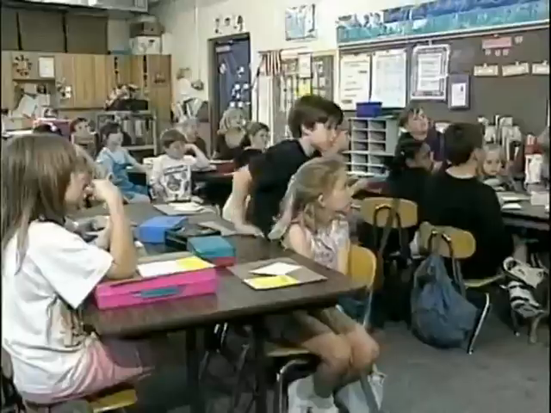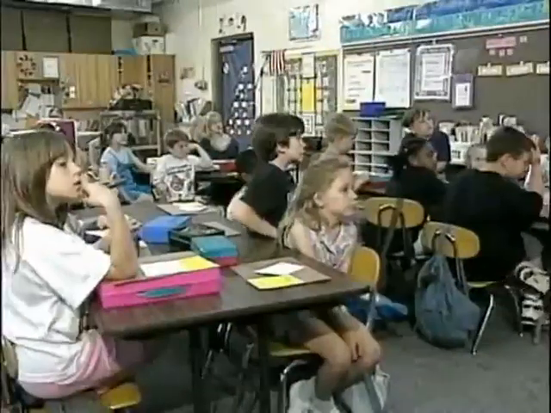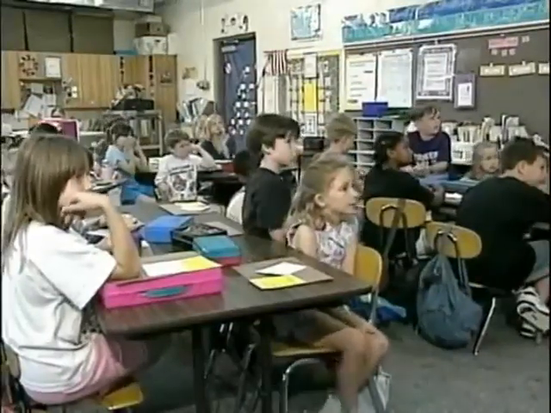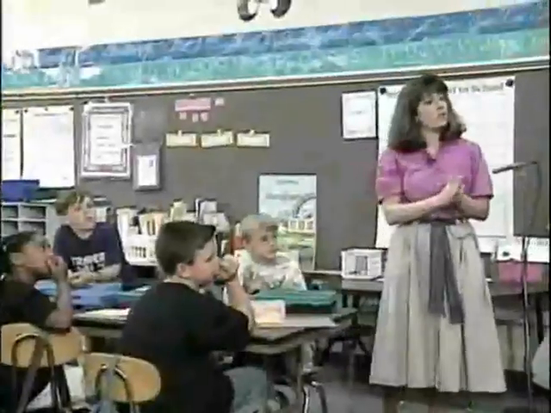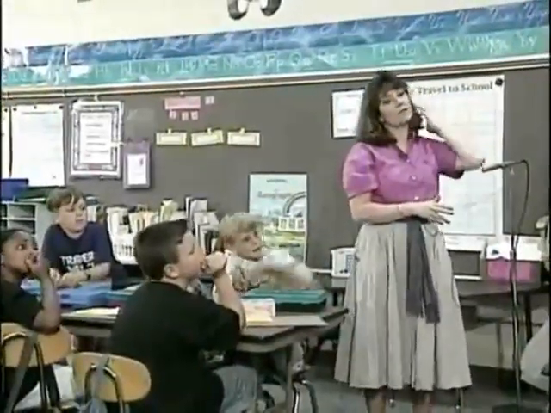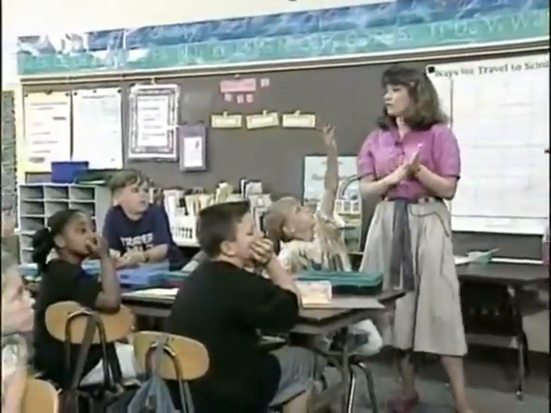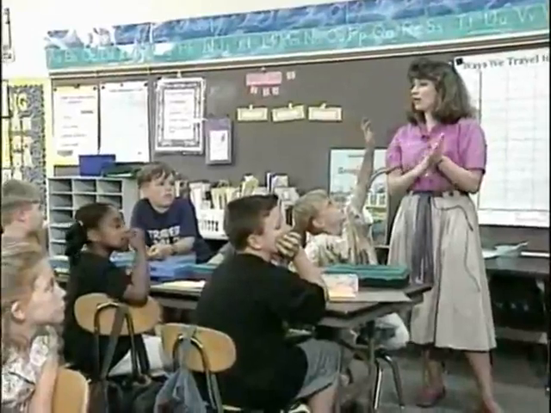We've organized the information up here on the graph. Now we need to analyze and look at the information. And I need you to tell me what it is that we know by looking at the graph up here. What do we know? Please look at the graph up front.